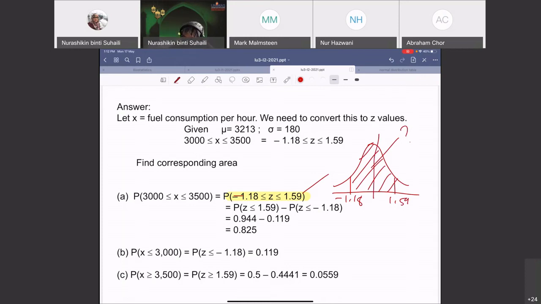Find first the value of this area, and for the 1.18, you have to imagine that negative 1.18 will be the same as positive 1.18. So the area will be similar, and you add up the two values, and you will get this value.